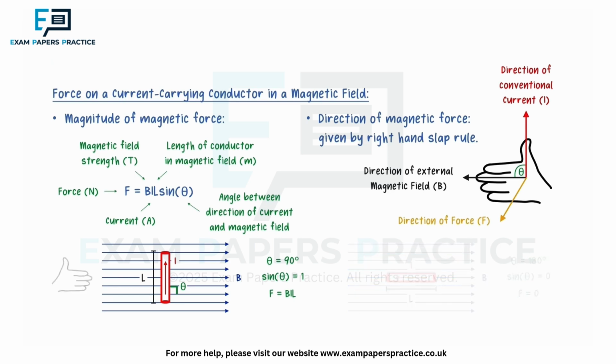So in the example to the left here, we point our thumb upwards to match the current, and point our four fingers to the right to match the external magnetic field. And we see that the direction away from the palm of our right hand points into the screen, indicating the direction of the force on this conductor.